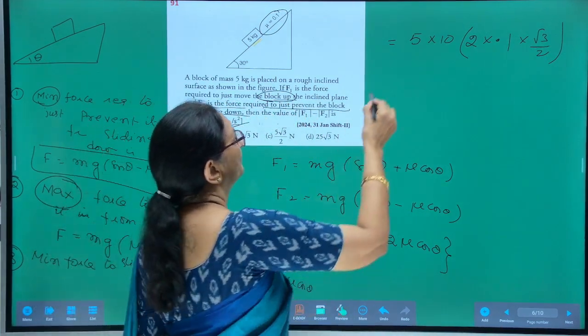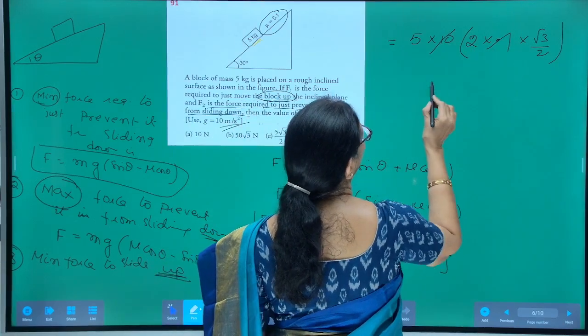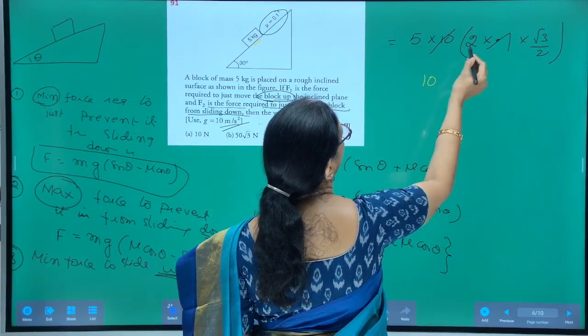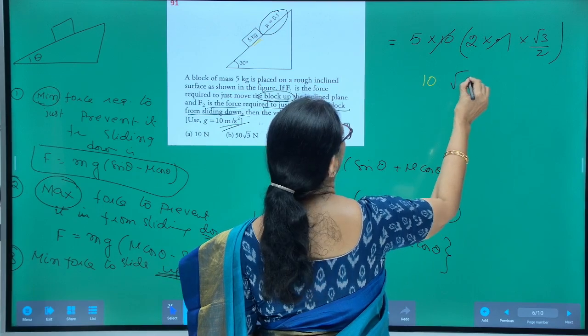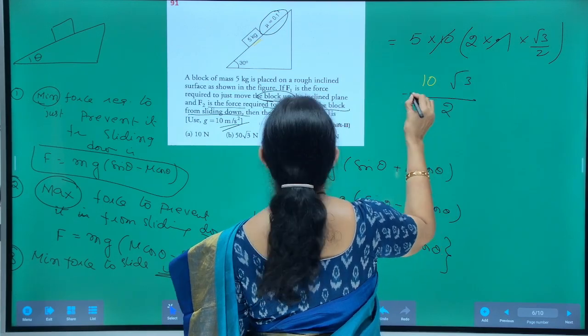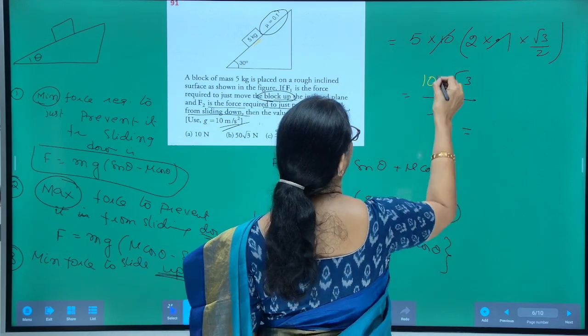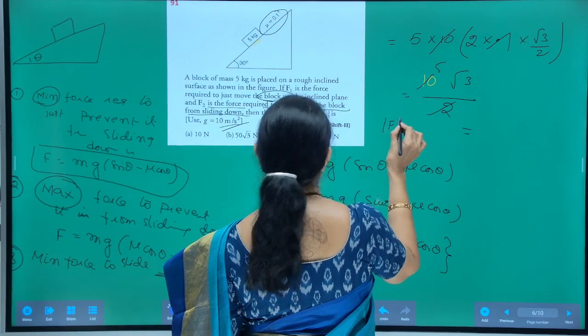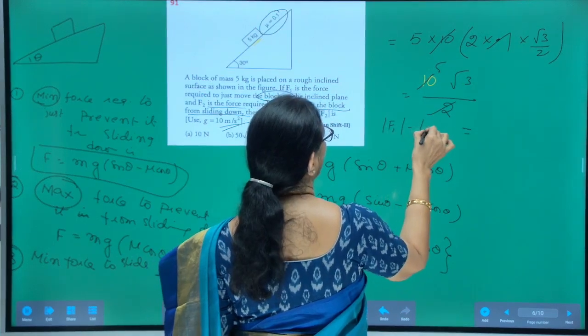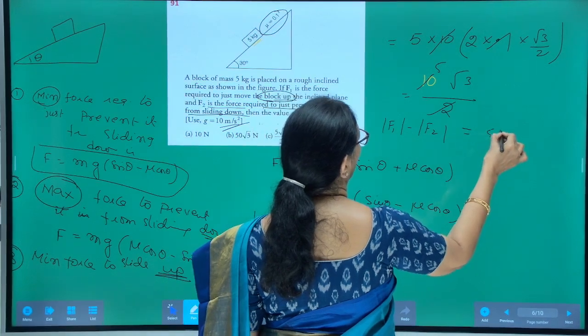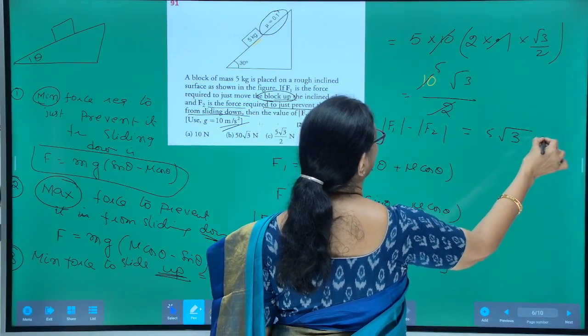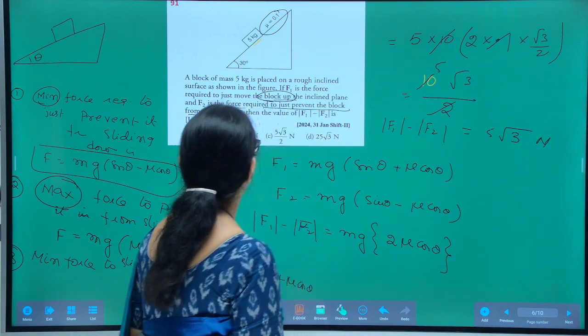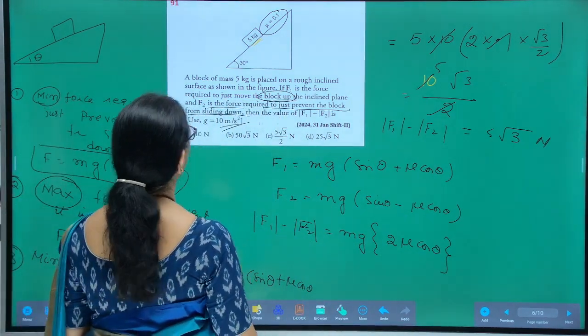So, 0.1 into 10 into 5 into 2 into root 3 by 2, it gets cancelled. The difference between those two forces, F1 minus F2, is equal to 5 root 3 Newton. So, 5 root 3 Newton.